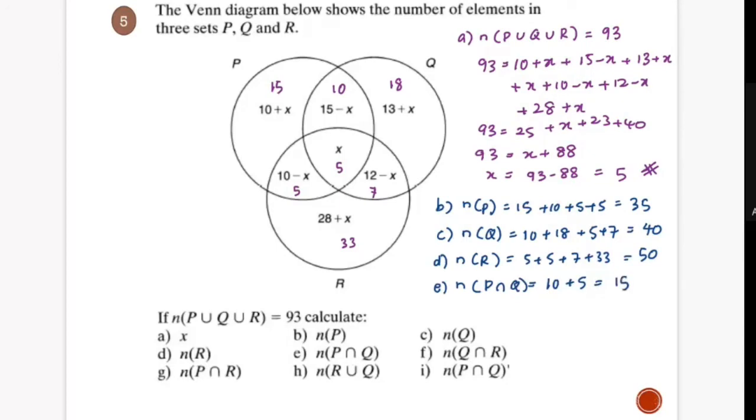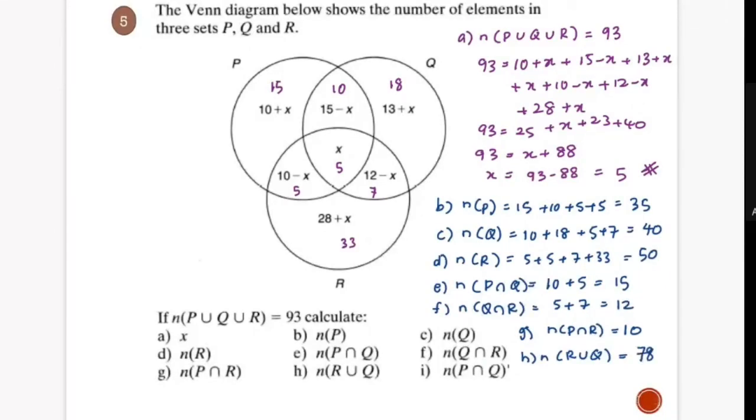F, the number of elements in Q intersection R. Q and R: 5 plus 7 equal to 12. G, the number of elements in P intersection R, 10. H, the number of elements in R union Q, 78.